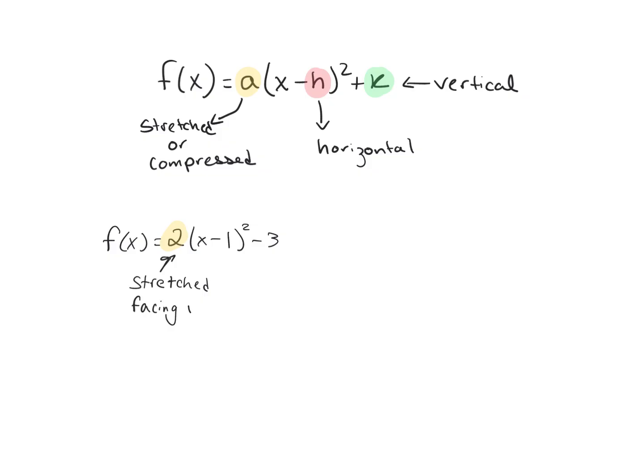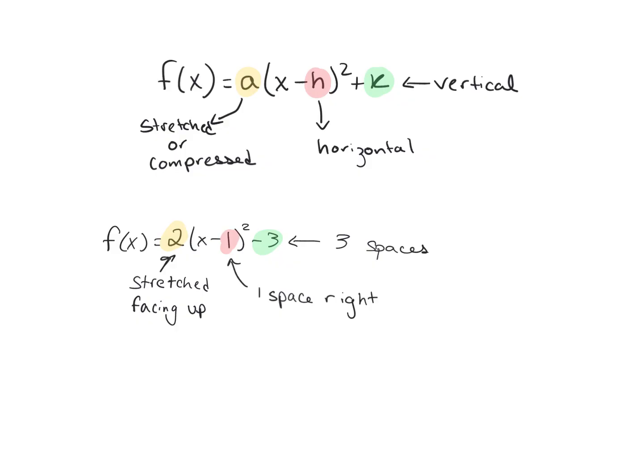It's not reflected. Our h value here is 1, which means that I've moved 1 space to the right. And my k value is -3, which means that we've moved 3 spaces down.